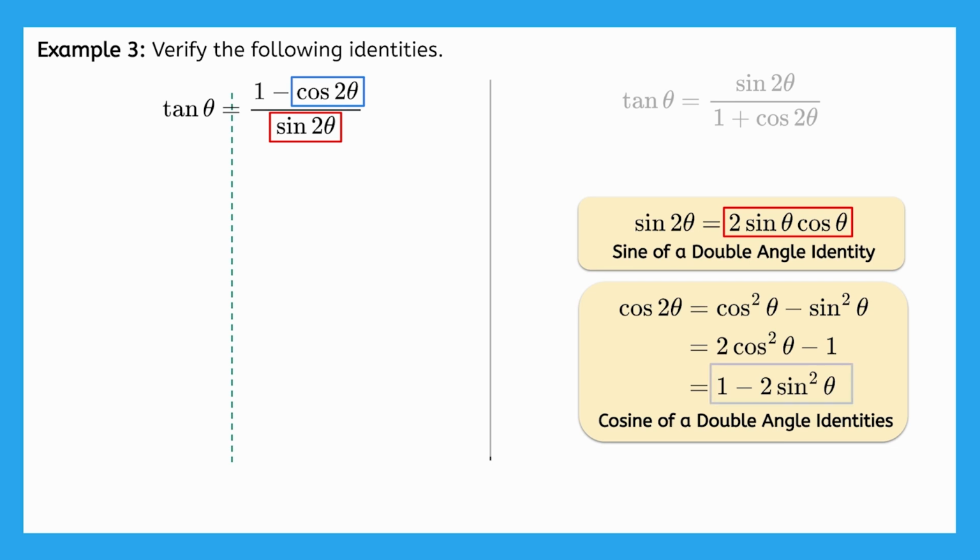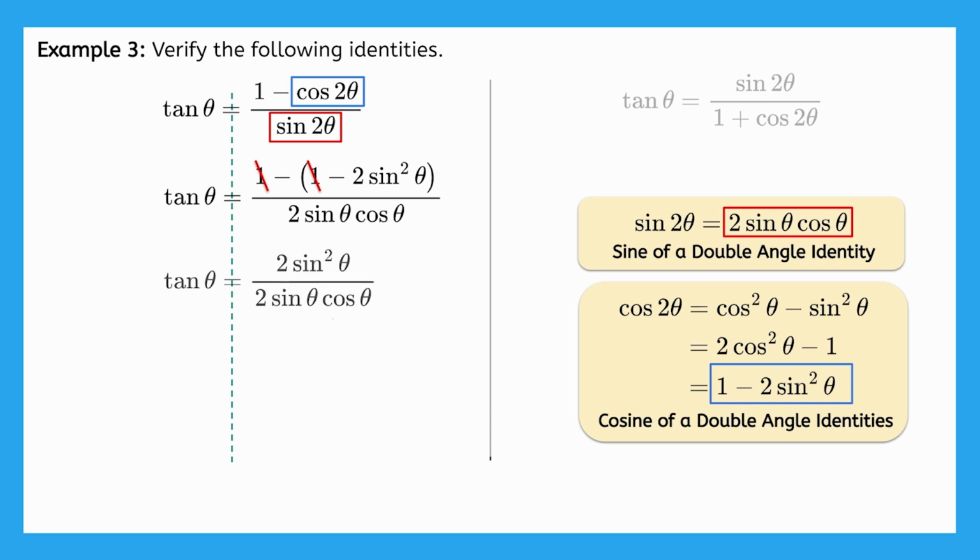If we use the third version, notice how the ones will end up canceling out, and we will only be left with 2 sine squared theta over 2 sine theta cosine theta. We can simplify this fraction by canceling out some common factors, the 2 and a sine theta. On the right side, we're only left with sine theta over cosine theta, which we know is equal to tangent theta.